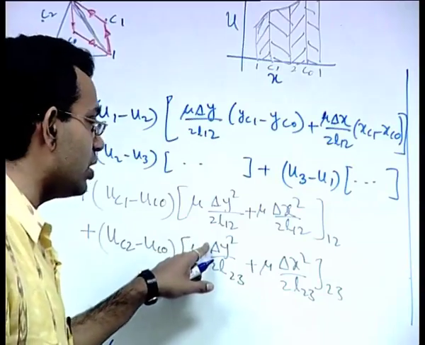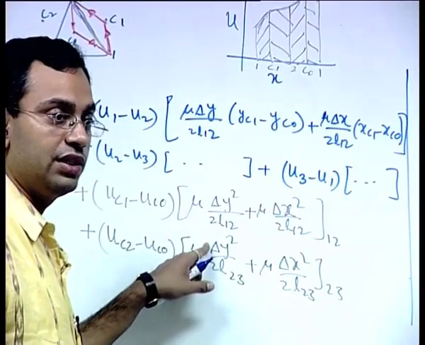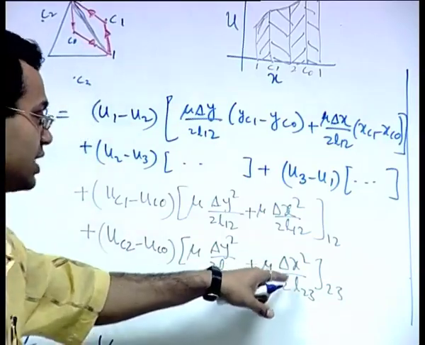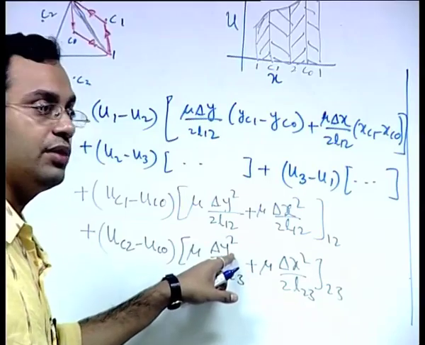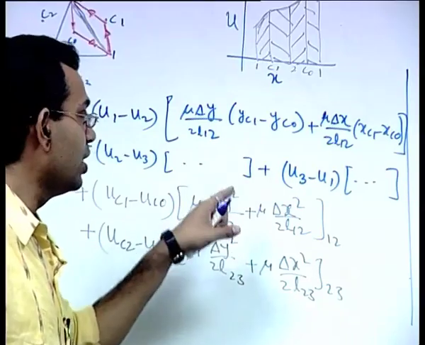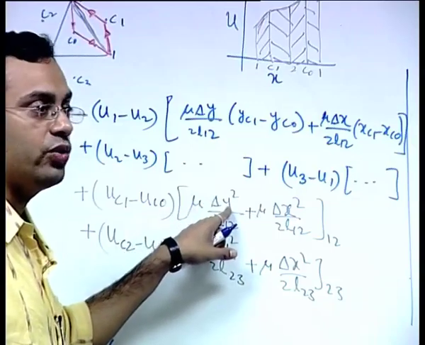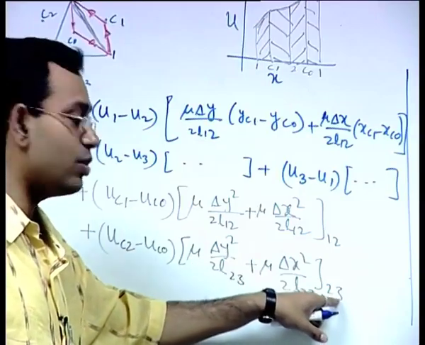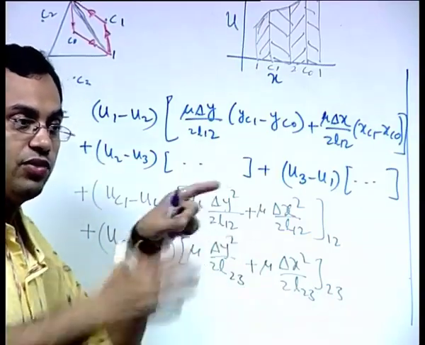So this delta y corresponds to y3 minus y2, this delta x corresponds to x3 minus x2. So delta y for 1 2 is y2 minus y1, so delta y for 2 3 is y3 minus y2. So we have to follow that order.